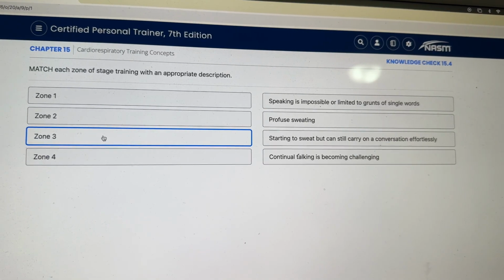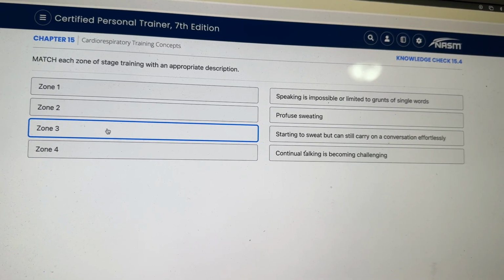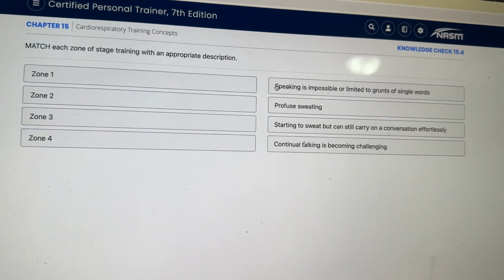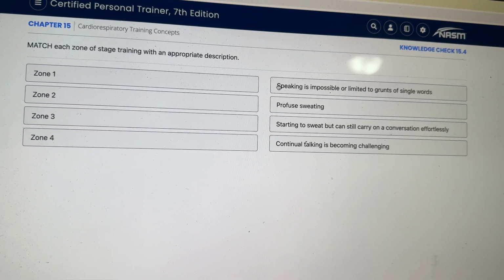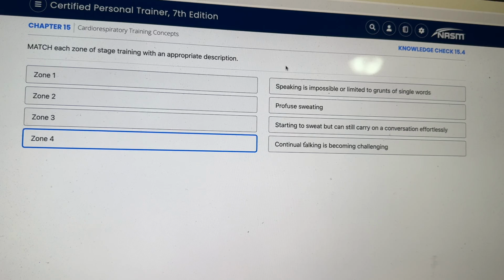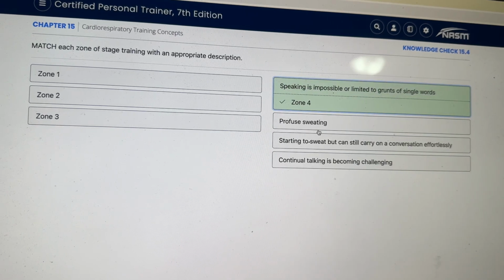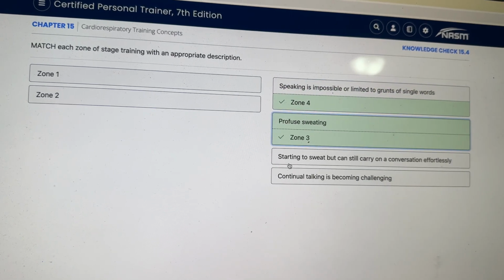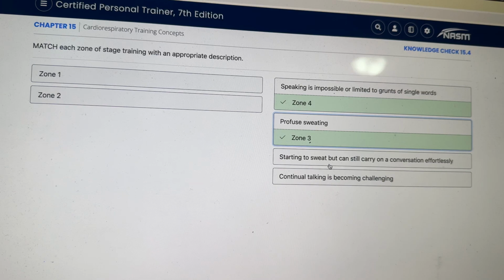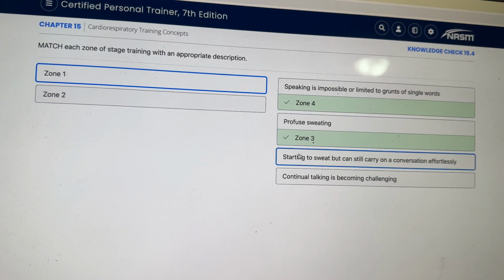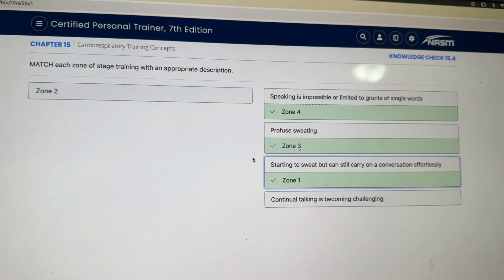Match each zone of stage training with the appropriate description. Speaking is impossible or limited to grunts of single words. Profuse sweating. Starting to sweat but can still carry a conversation effortlessly. Continual talking is becoming challenging.